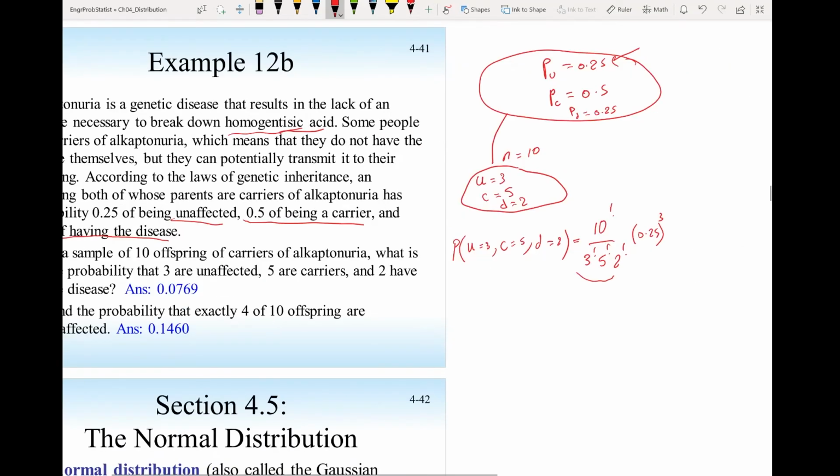There are 3. Times the probability of carrier, 0.5, and there are 5. Times the probability of disease, 0.25, and there are 2 of them. And if you calculate these, you should get 0.0769, which is this one.